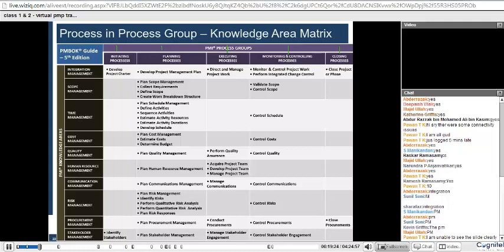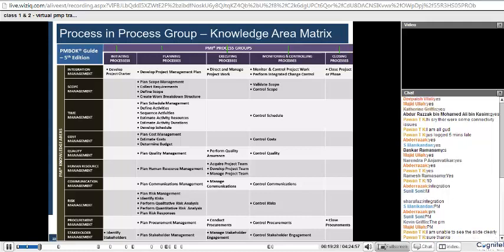Just on the top, in the columns, you have the process groups, and on the rows you have the knowledge areas. Now you can see that there are processes written everywhere. So you have develop project charter here, you have develop project management plan, then direct and manage the project work, then monitor and control the project work and perform integrated change control, and then closing the project or a phase.